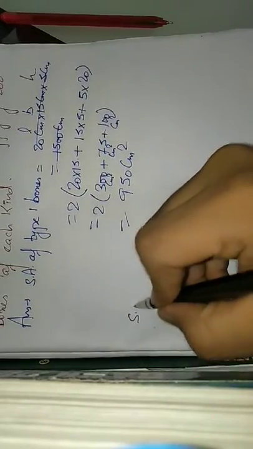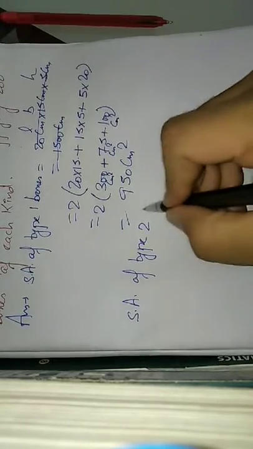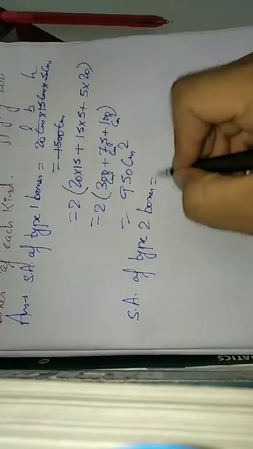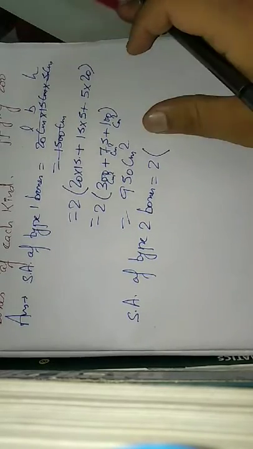Now let's calculate the surface area of type 2. Surface area of type 2 boxes is equal to 2 into, what is their length, breadth, height? Theirs is 16, 12 and 4.